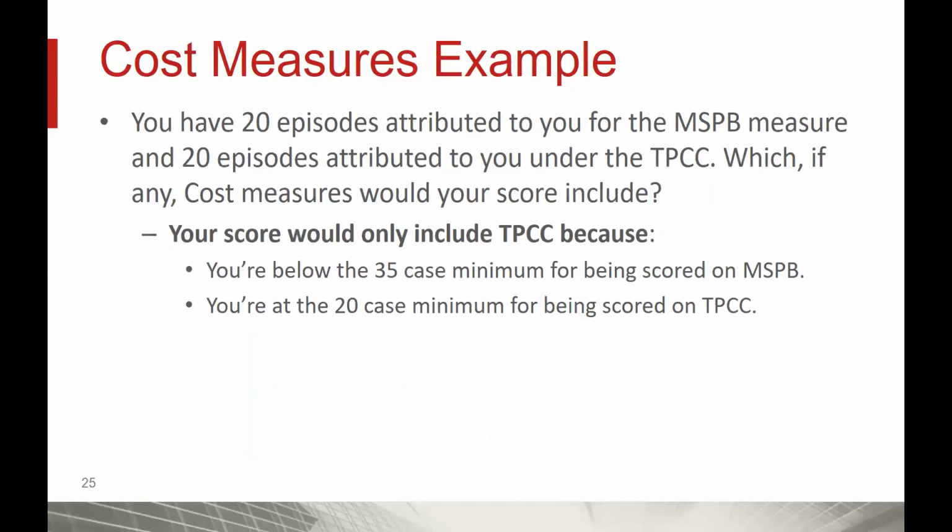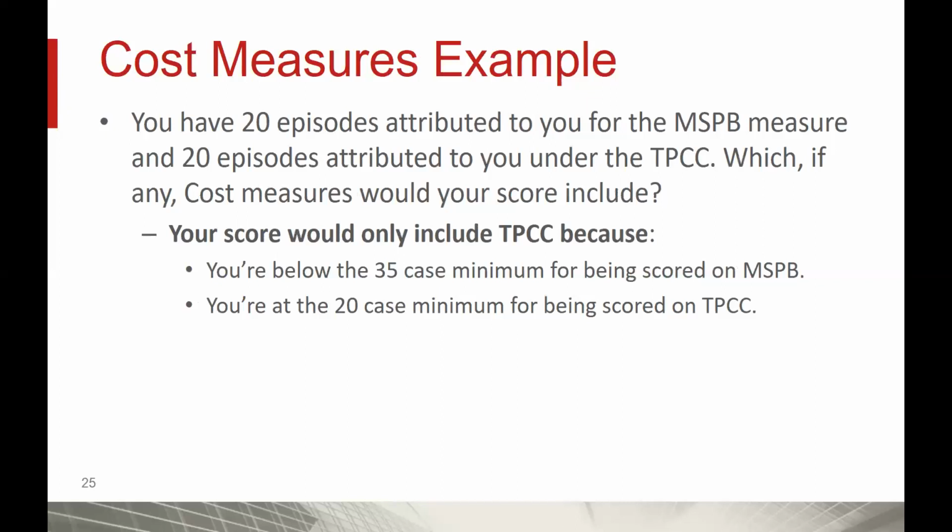So let's walk through a quick example of how this might work. So let's say you have 20 episodes that are attributed to you for the MSPB measure, and you have 20 episodes attributed to you under the TPCC measure. Which, if any, cost measure would your score include?